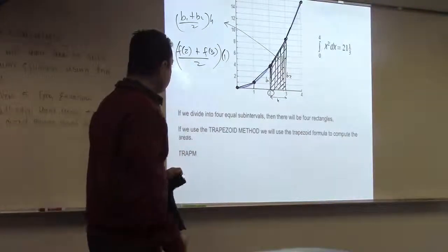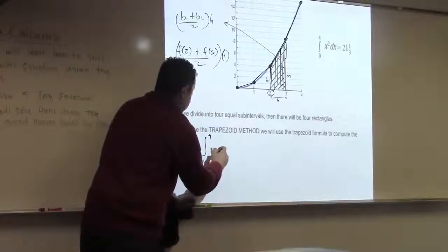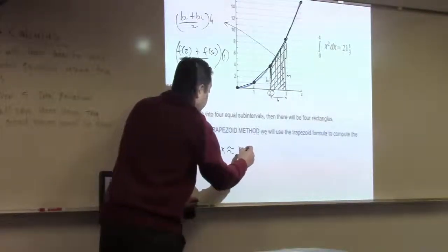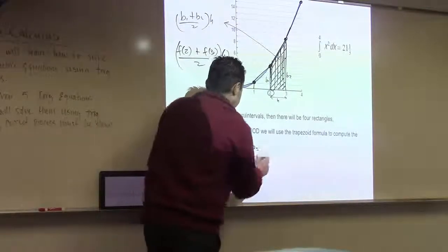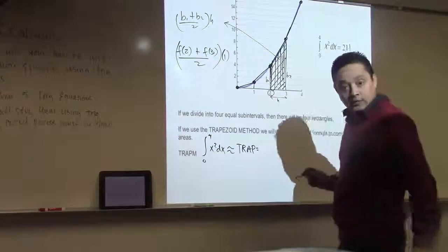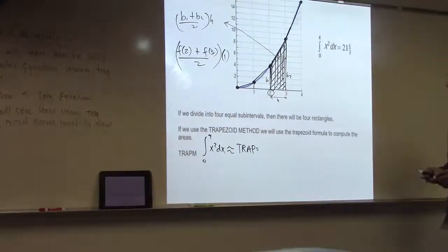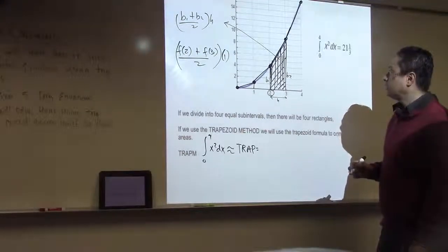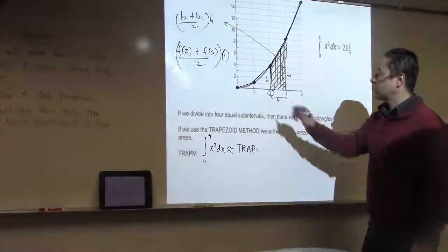All right? So here we go. Integral from 0 to 4 of x squared dx. It's approximately, using trap, I'm going to compute the first one here.